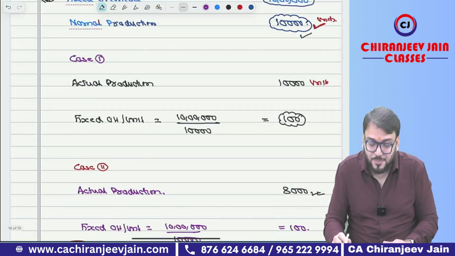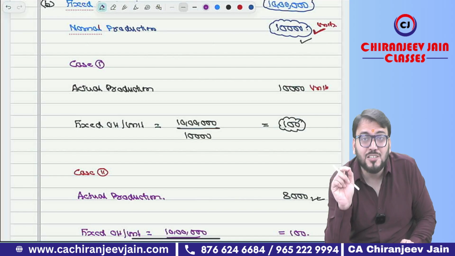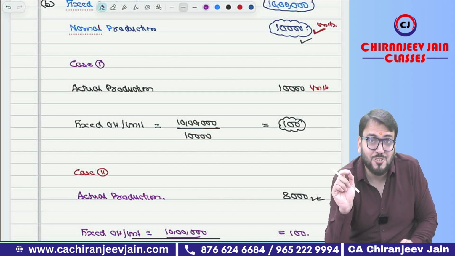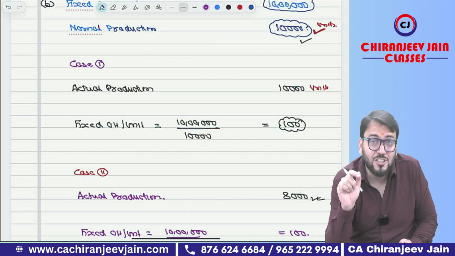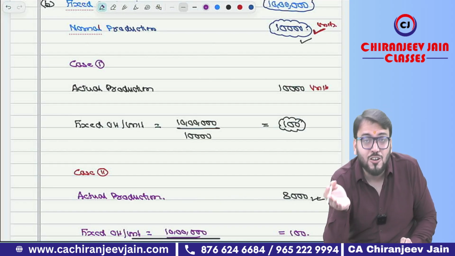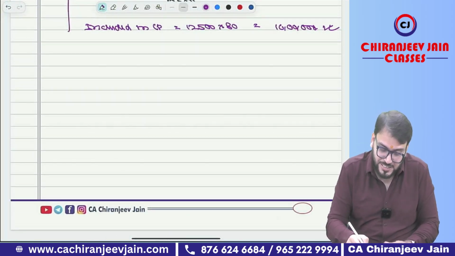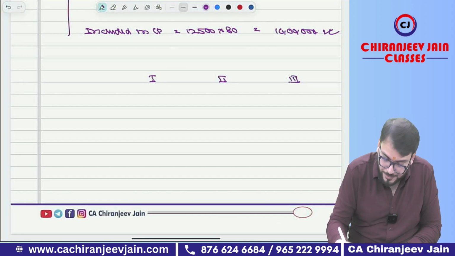Means can I say in this way, the variable overhead will be allocated to each unit on the basis of actual production. But fixed overhead will be allocated to each unit on the basis of actual production or normal production, whichever is higher. Means if I represent these three cases, case 1, case 2, case 3.